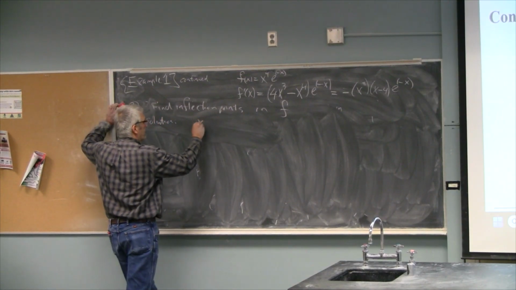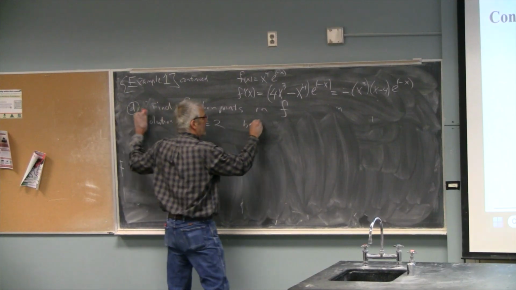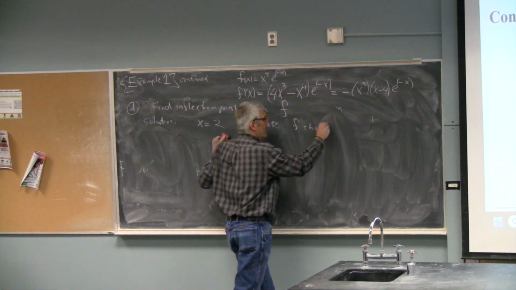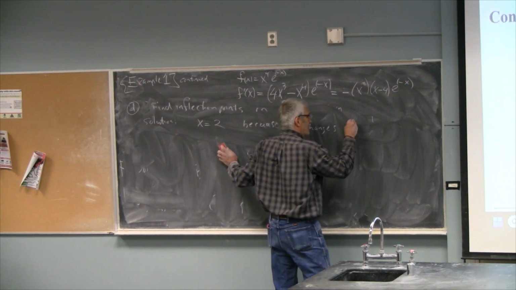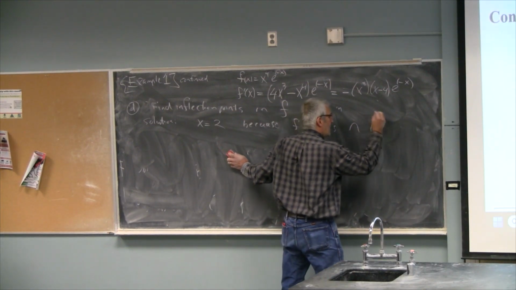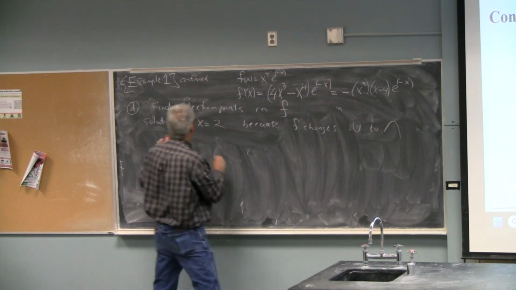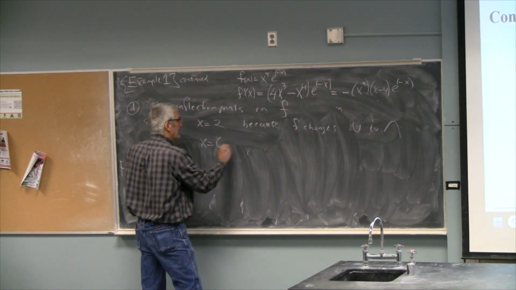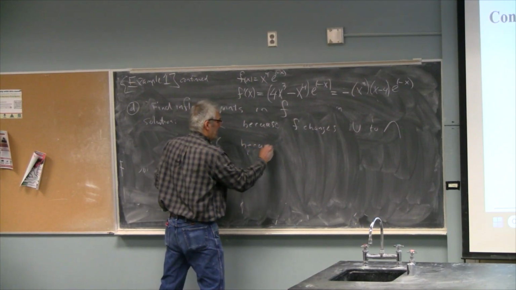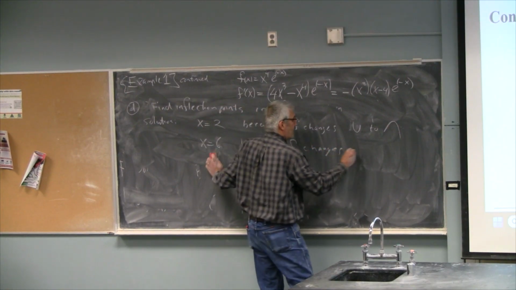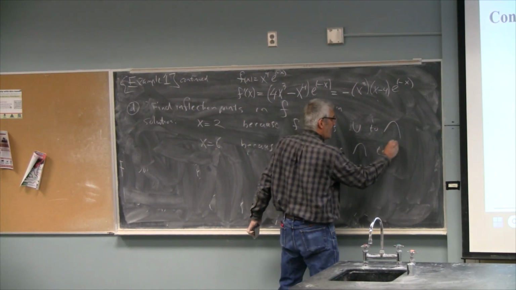So at x equals 2, because f changes concavity from up to down, and at x equals 6, because f changes from concave down to concave up.